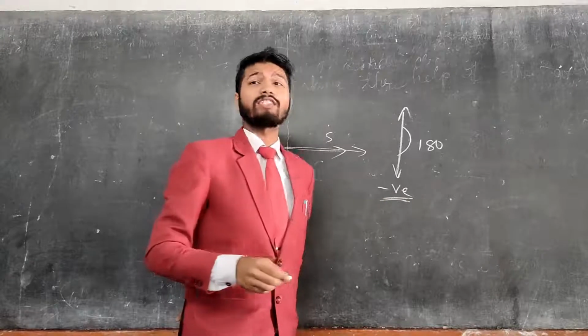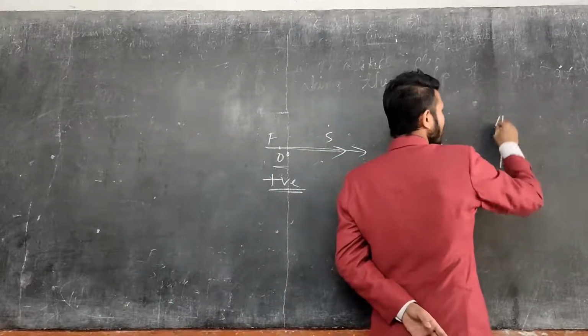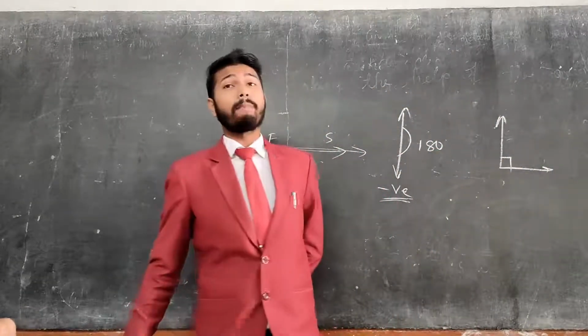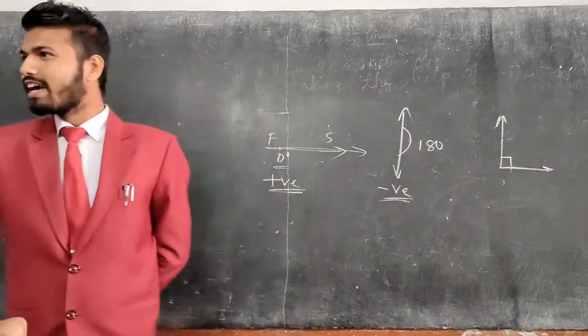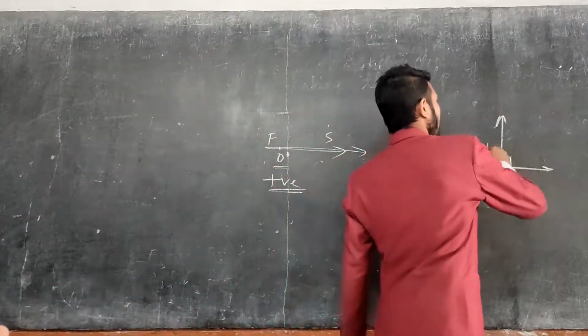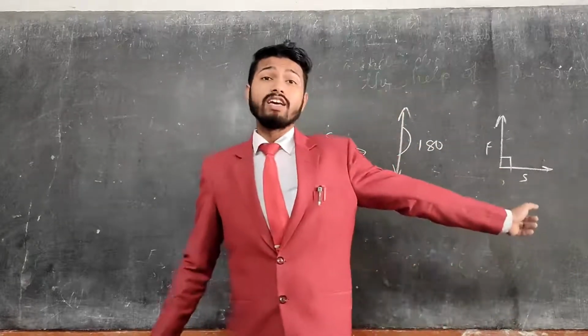And I told you about zero work done: when the force and the motion are mutually perpendicular, it is a case of zero work done, because the motion is in one direction and the force is in another.